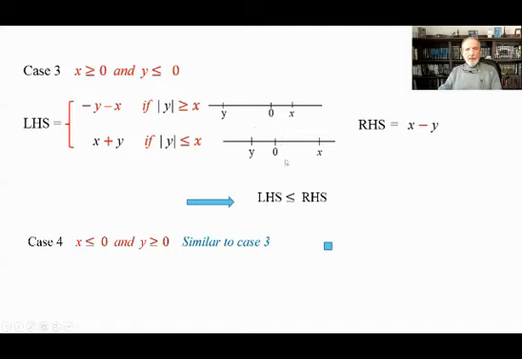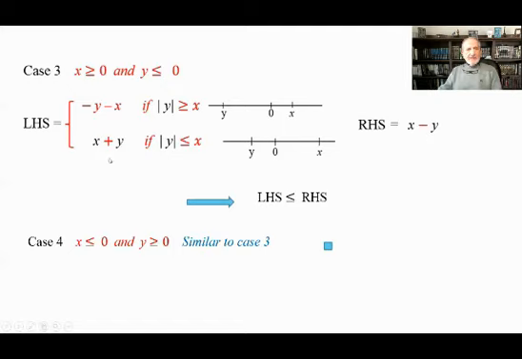So the left-hand side is going to be, in this case here, minus y minus x. In this case here, it will be x plus y. And the right-hand side is x minus y.